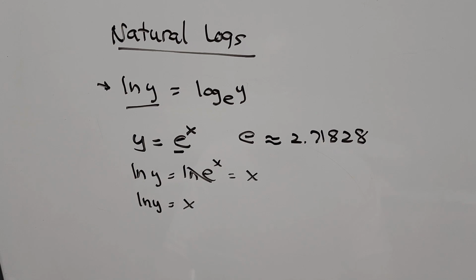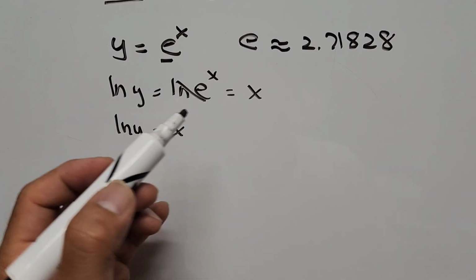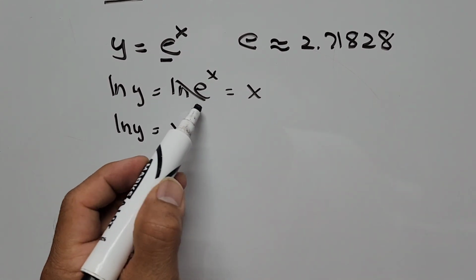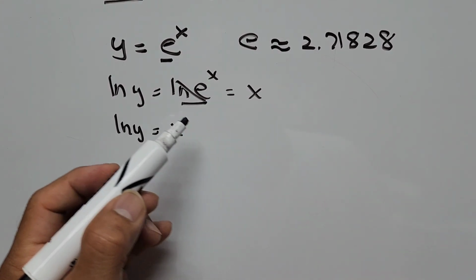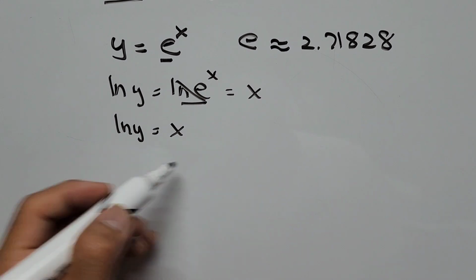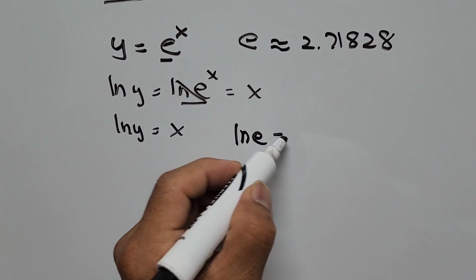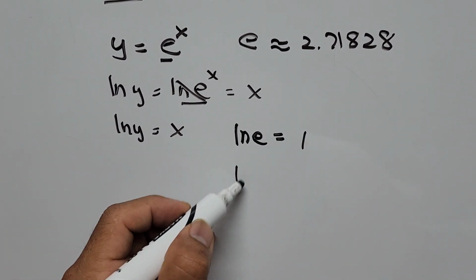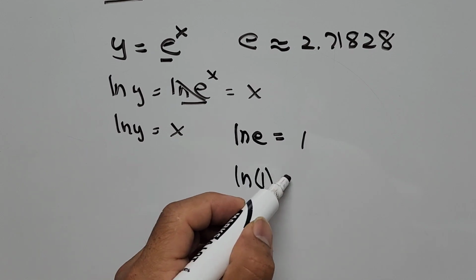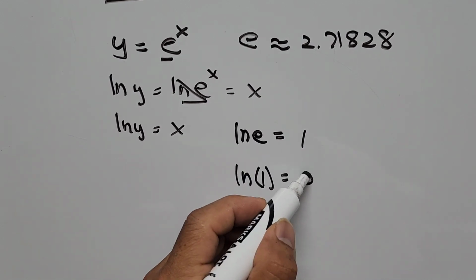That means the base is the power of e, ln of e, and ln of 1, where ln of 1 is always 0. As in here, we just use ln of e here. So this cancels each other. So ln of e is equal to 1 and ln of 1 is 0.